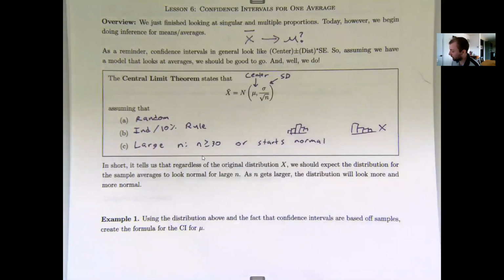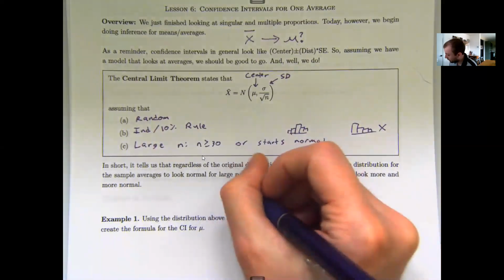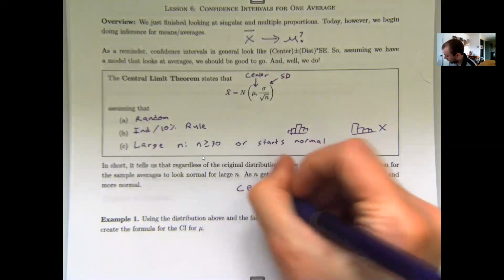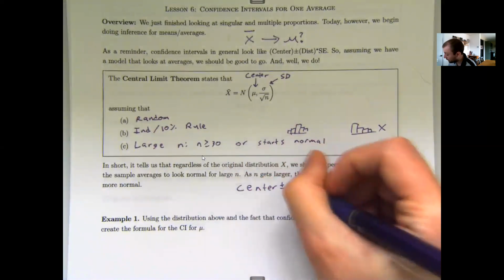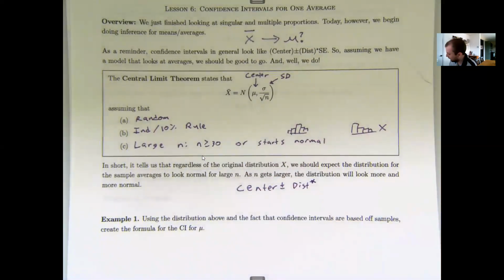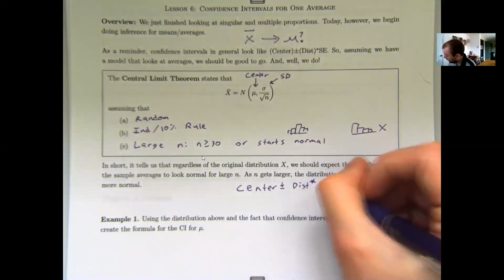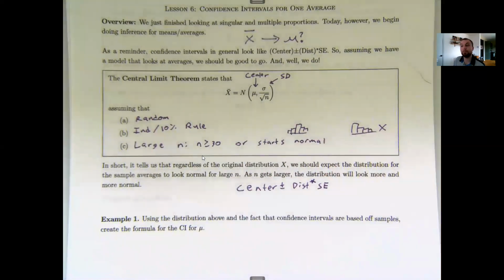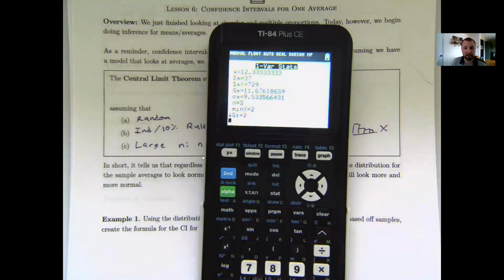In general, when I'm working with confidence intervals, it looks like center plus or minus whatever distribution I'm working with, critical values for that distribution, multiplied by my standard deviation, but based off of a sample, we call that standard error. Now, you may have used a calculator before to calculate averages and standard deviations.